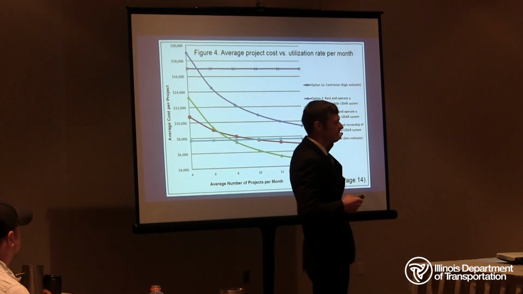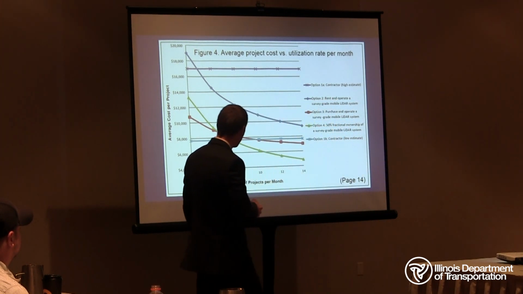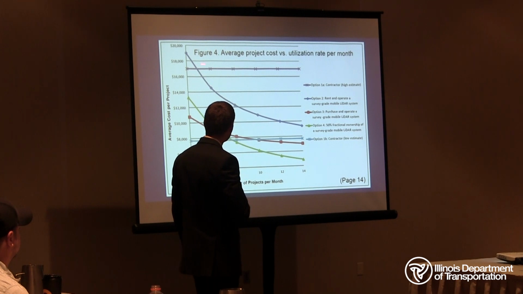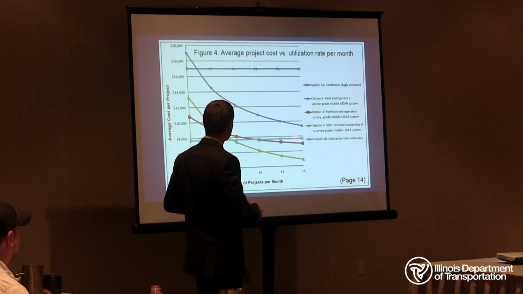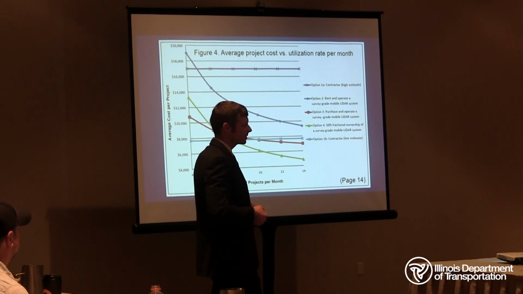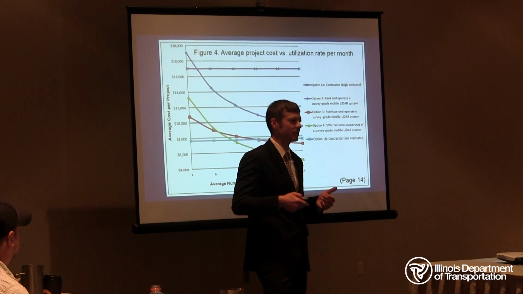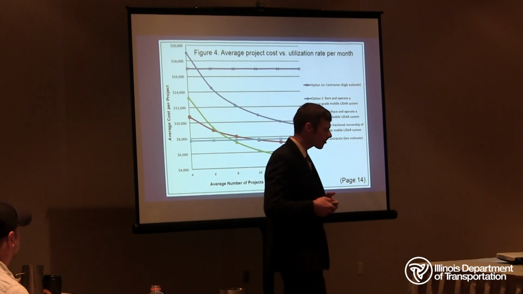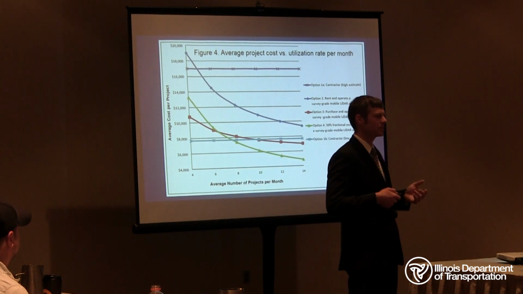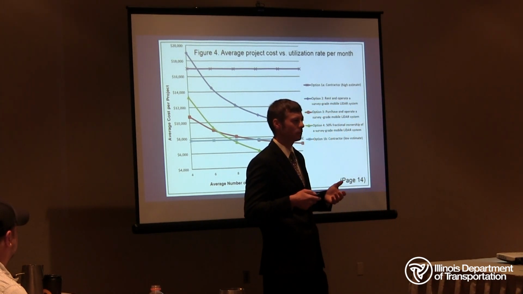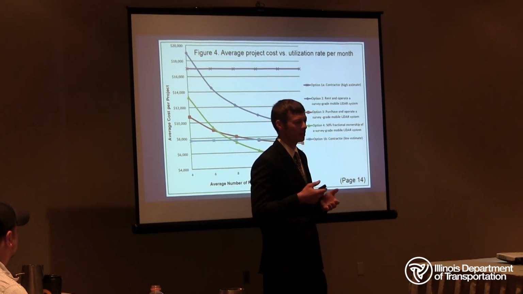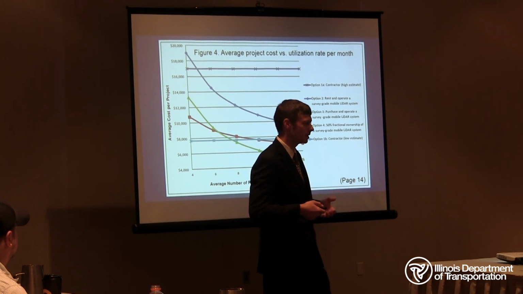And that can be shown here by the top line in purple. This horizontal line represents the high contractor estimate that they paid versus this horizontal blue line here, which is the low contractor estimate that they paid statewide. What they don't show us on this chart is the average cost per project that they paid, which we know from the previous slide was $13.2 thousand.